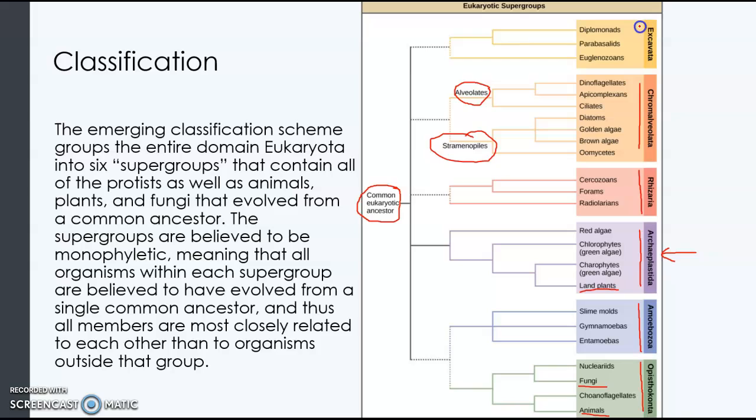And then we have the excavata, which includes the diplomonads, the parabasalids, and the euglenozoans. So we will learn about the protists by classifying them into these groups and learning about the individual groups one at a time.